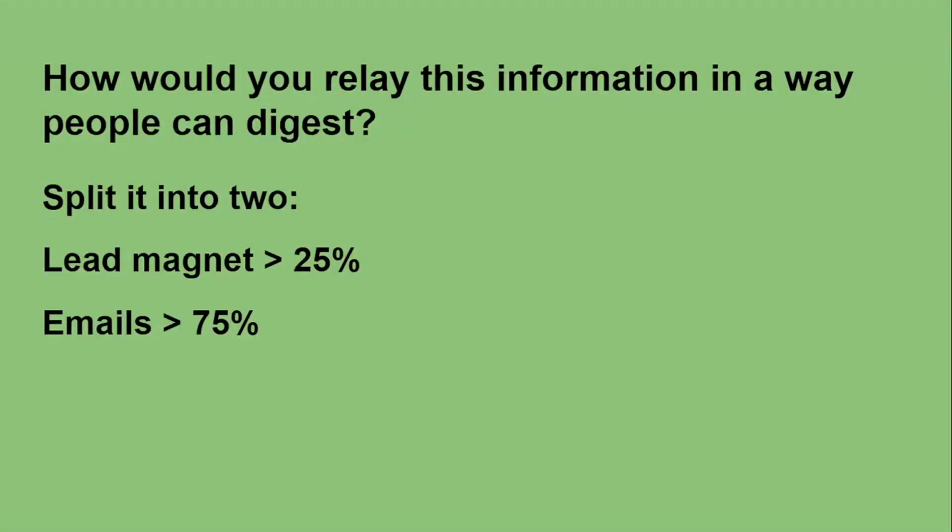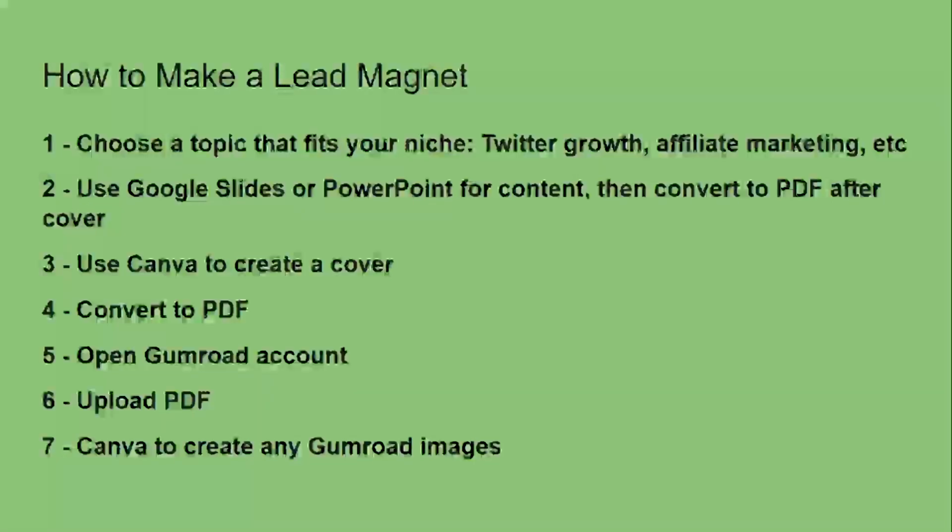So, how do you relay that level of information so people can digest it? For me, I think you'd split it into 25% of the information in a lead magnet, and the other 75% in emails. So, the idea is that you give them enough information so that it solves enough of that problem.